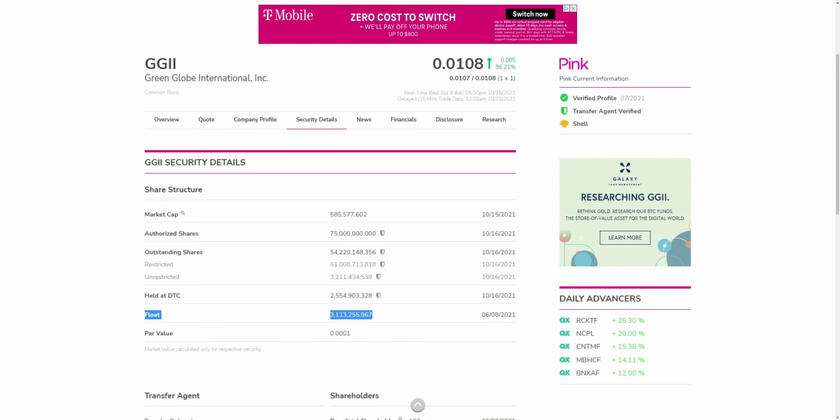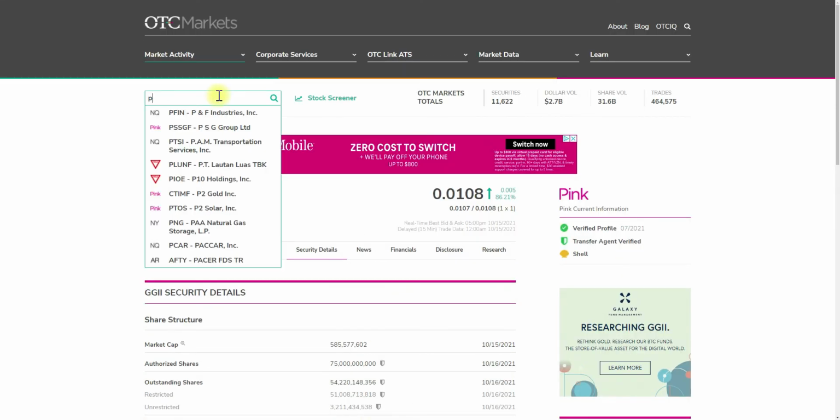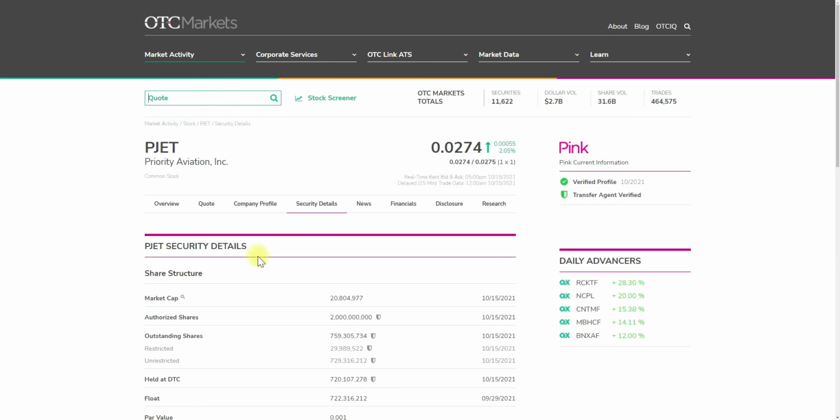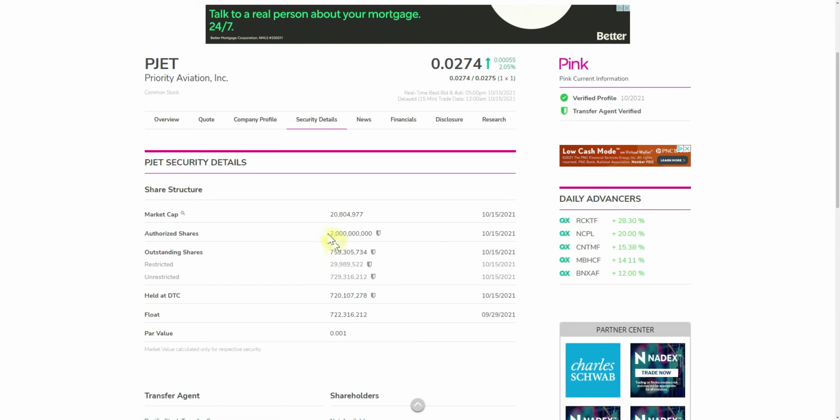When we talk about low float stocks, we are talking about stocks that are roughly a billion or less traded in the OTC markets. PJET's a great one. They just raised their authorized shares from I think 1 billion to 2 billion. Oh no, people freaked out.